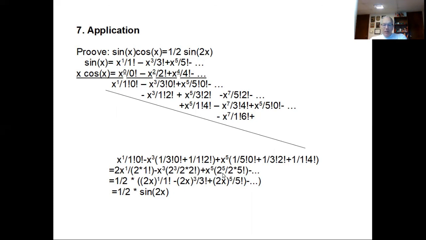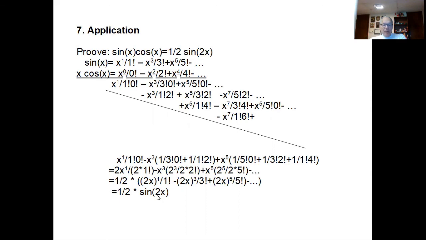And we can replace the x with 2x to the 5th divided by 5 factorial. Didn't make a mistake there. And if we factor out the 1/2 from the bottom, this gives us the following series, which, if we look up here, is the same as the sine, except we have 2x instead of x. So this must be equal to 1/2 times the sine of 2x.